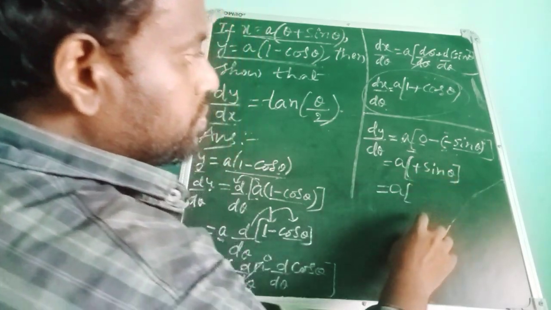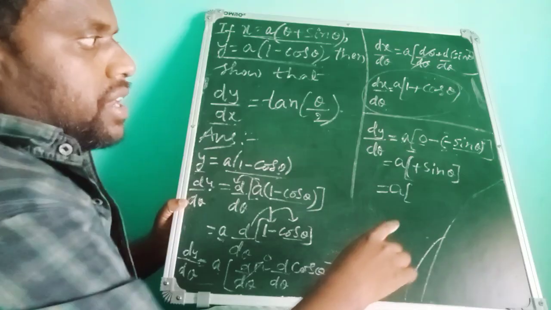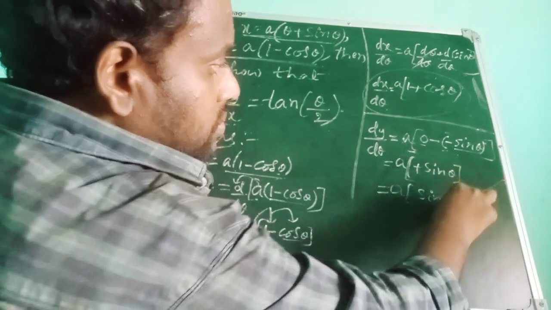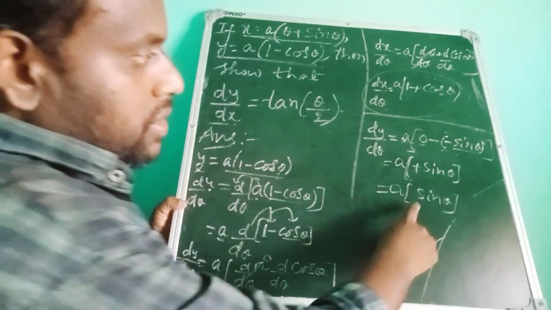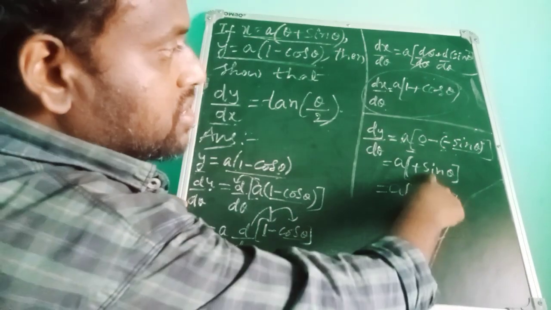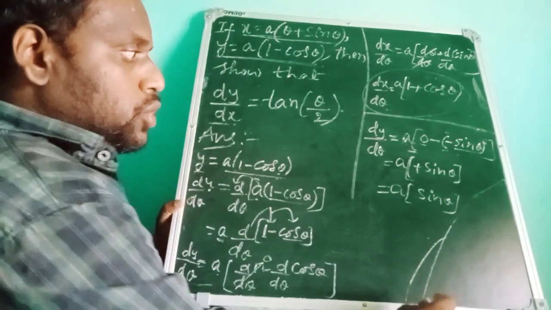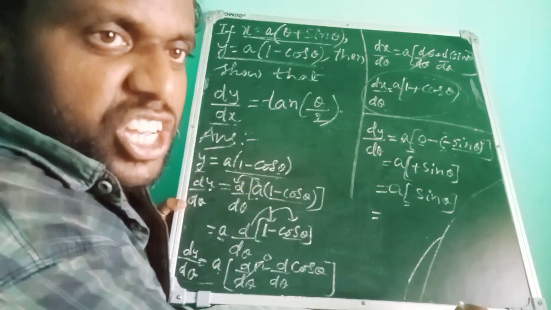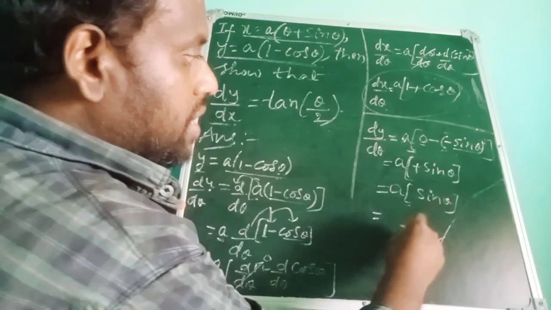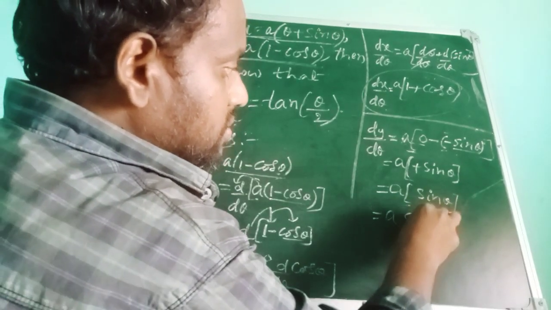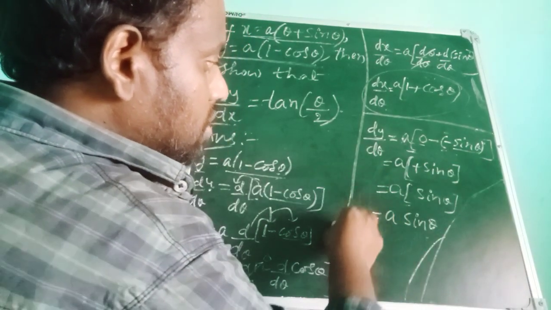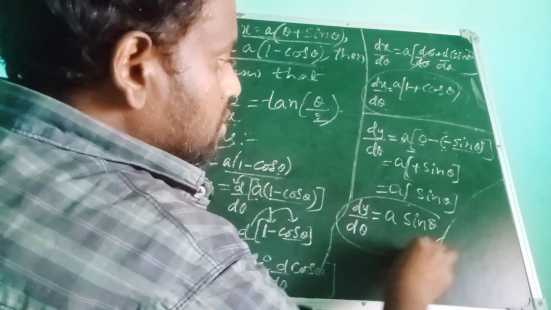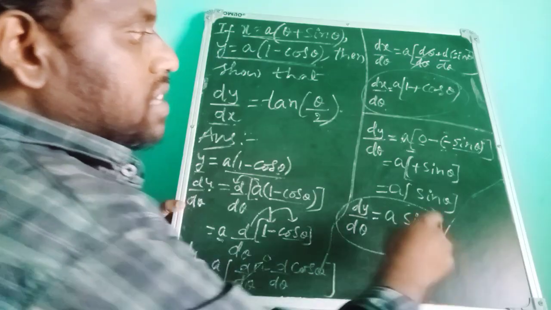No bracket, no plus sin theta; I will write just sin theta. Here nothing is there means plus is there. Plus sin theta, both are same. Now this bracket is like multiplication, so a into sin theta, a sin theta. So dy by d theta is a sin theta.